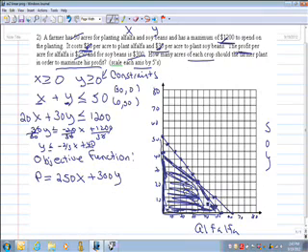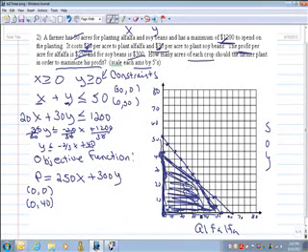But we're interested in the vertices. And so we have vertices here at the origin. We have a vertice here. So at the origin it would be at 0, 0. We have a vertice at 0, 40.